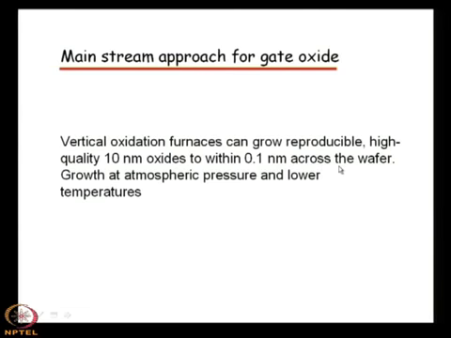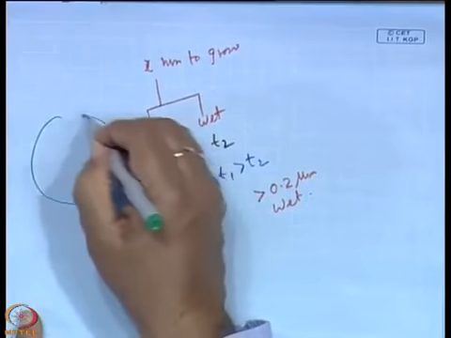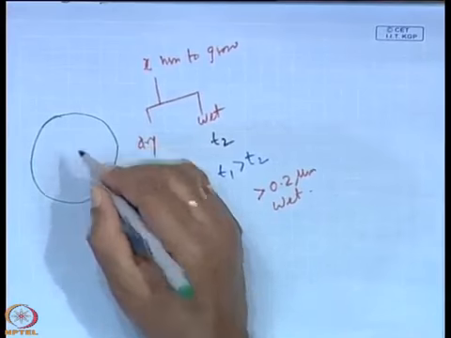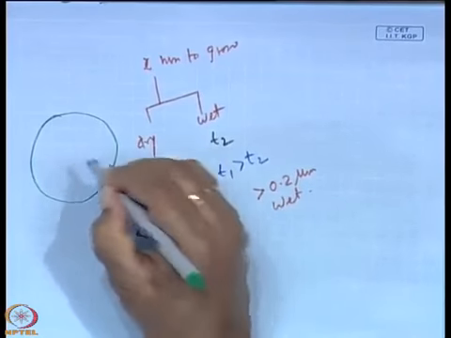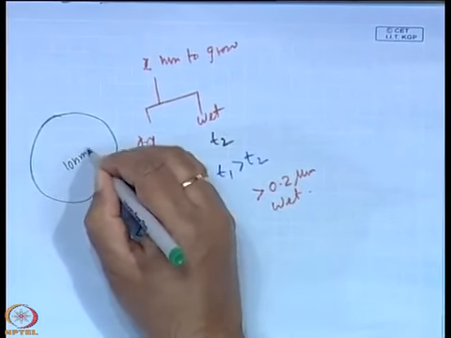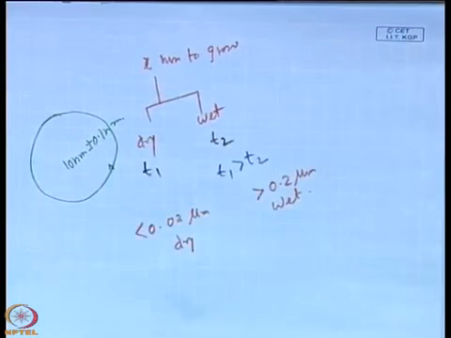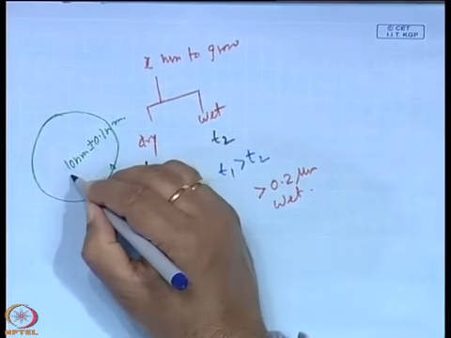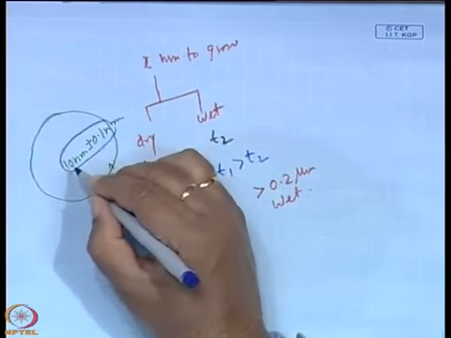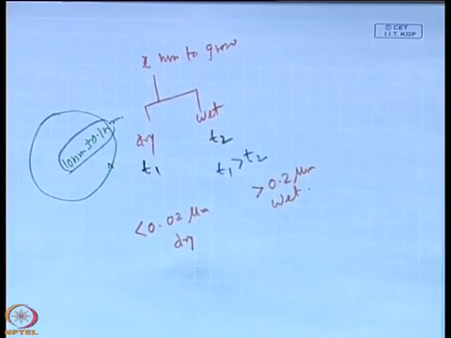So, if you have a wafer of say 6 inch, the oxide layers can be of say 10 nanometer plus minus 0.1 nanometer.